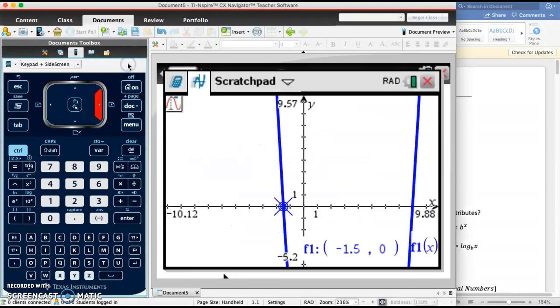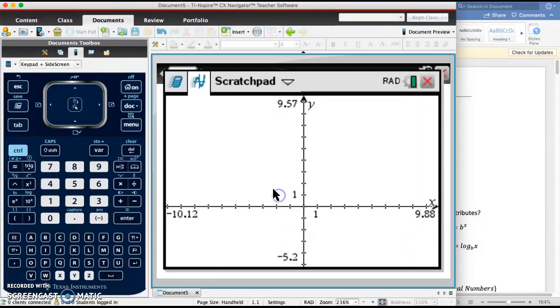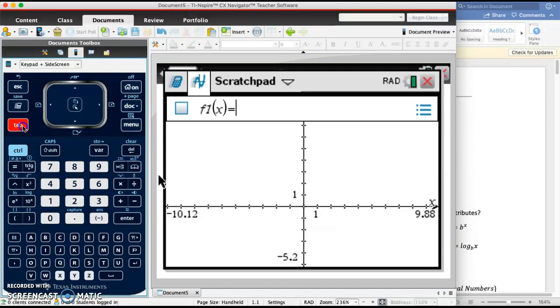So I would go right to my calculator, make sure it's clear, and I would graph that. Right off the bat, I'm going to press tab. Then I'm going to put in the equation.